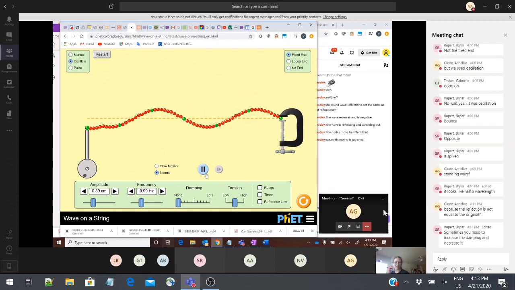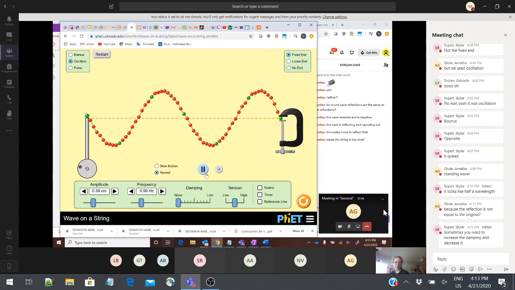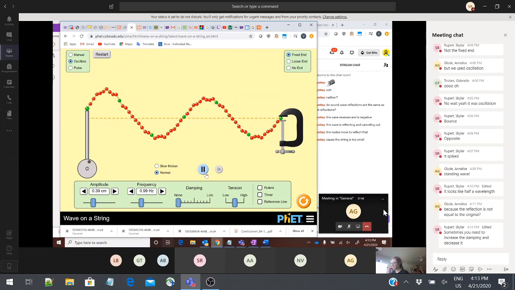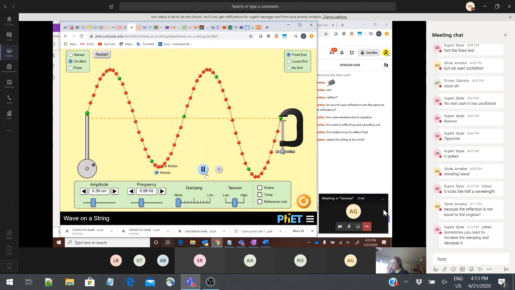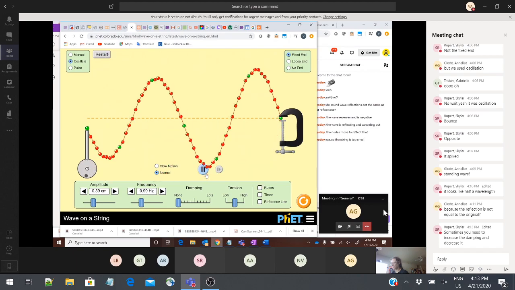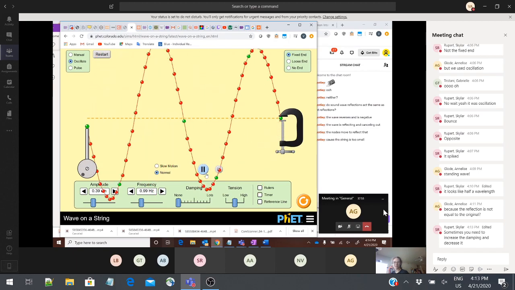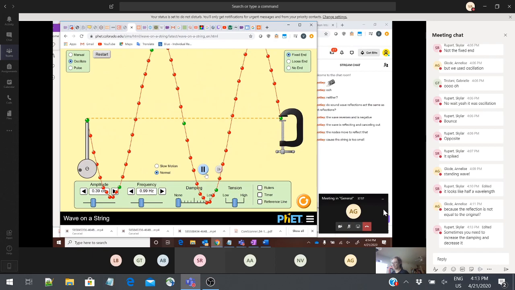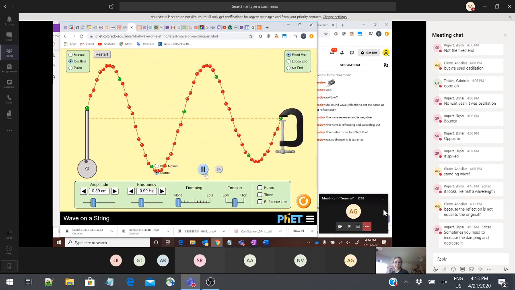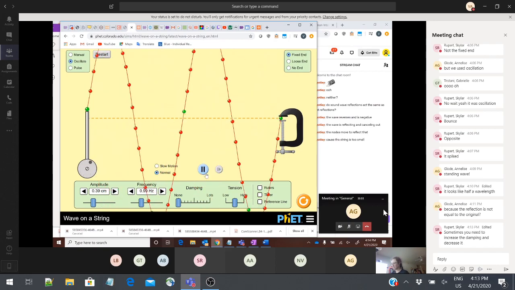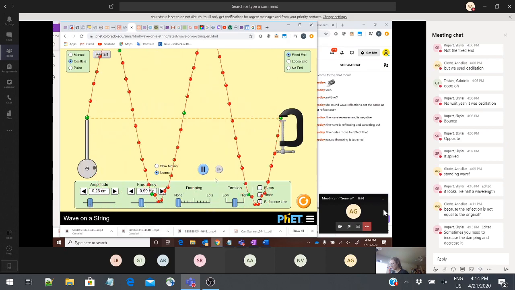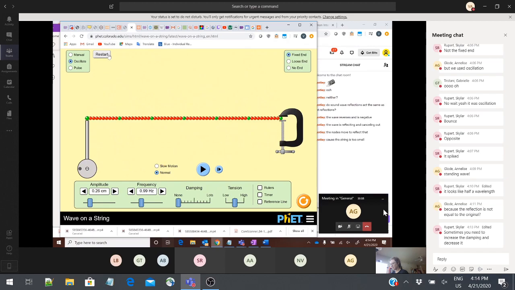Increase the damping and decrease it. Does it sometimes have problems? Pretty good. It's not quite perfect, but it's pretty good. Sorry for the weird lag here. Let's make this a little smaller. It's too much. So some frequencies work, some frequencies don't.